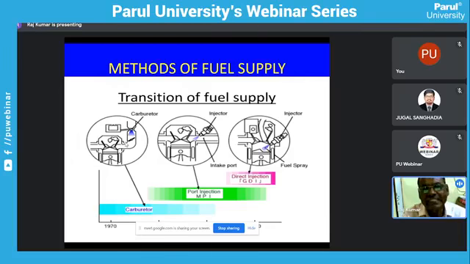In port injection, the fuel is injected in the induction manifold, or rather in the intake port. There can be multi-point fuel injection at the intake port. In direct injection, the fuel is injected directly into the combustion chamber.